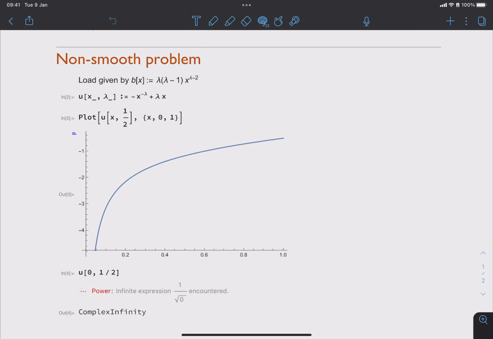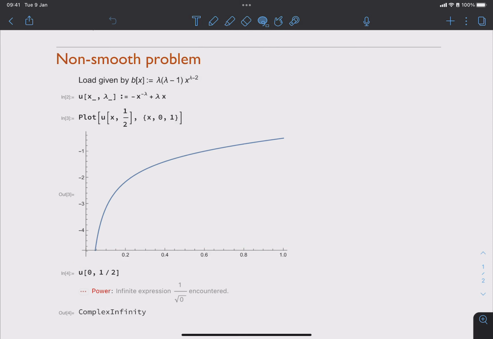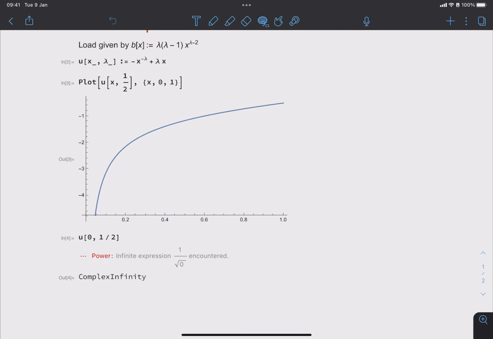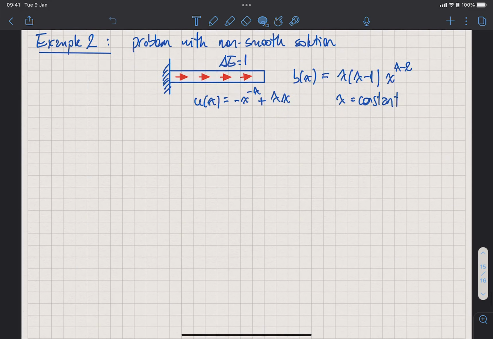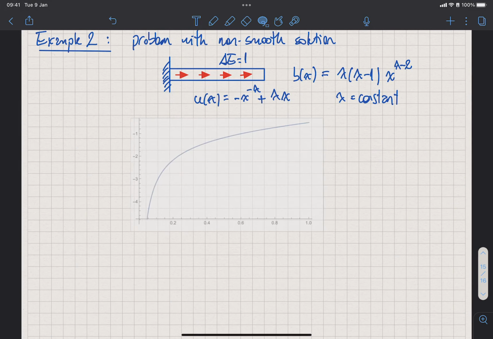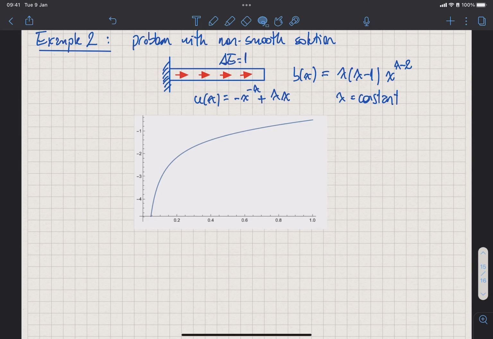As I get closer to the origin, the solution actually goes to minus infinity for this problem. What do we call this when something goes to infinity? Singularity. We have a singularity.